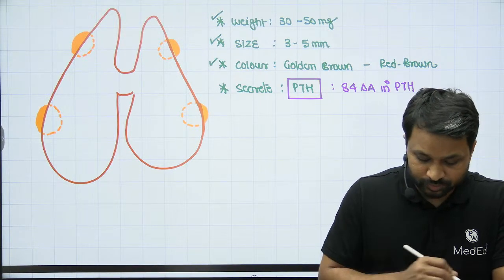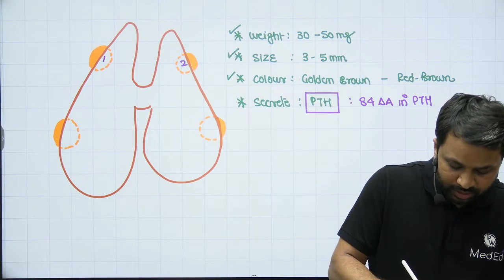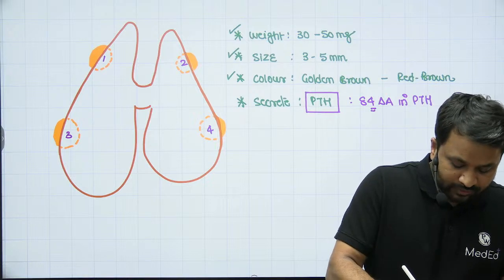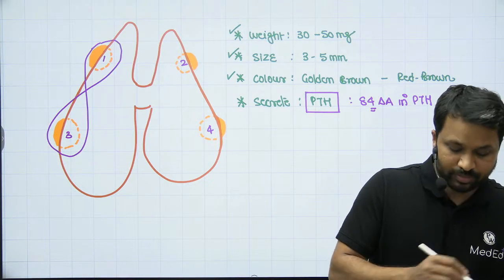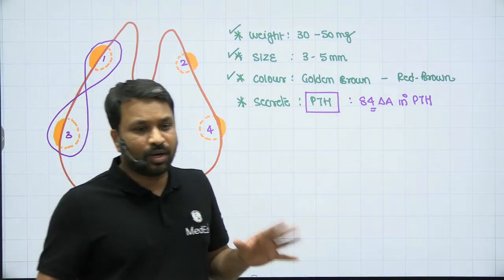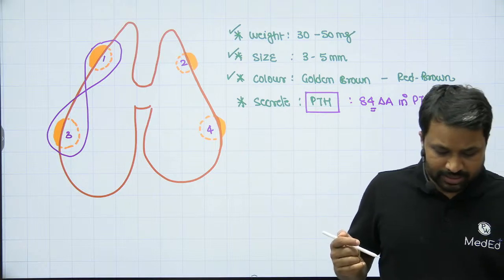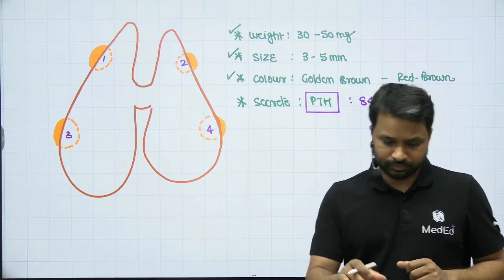If you look at this, how many parathyroid glands do you have? 1, 2, 3, 4. There are 4 parathyroid glands, and together they look like a figure of 8. Hence 84 amino acids. That's one way to remember it. So just remember 84 amino acids as the total number in a parathyroid hormone.